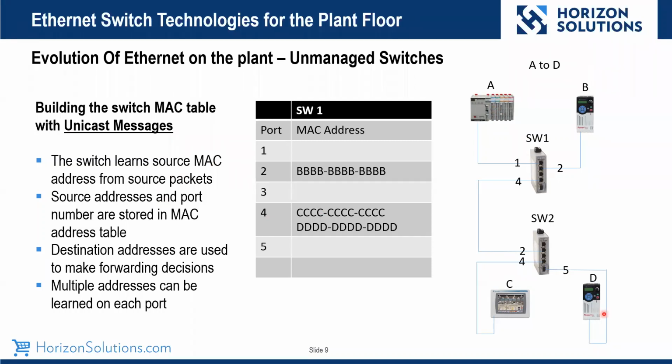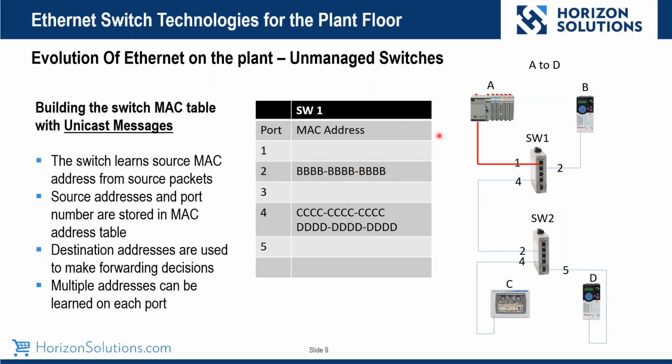So it's an IO message going to D. When A goes out to D, the first thing it does is get to switch port 1. Look at the MAC address table on the switch. I pre-populated some of these spots.